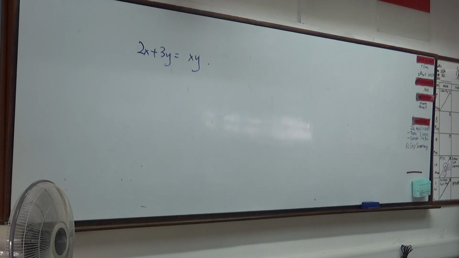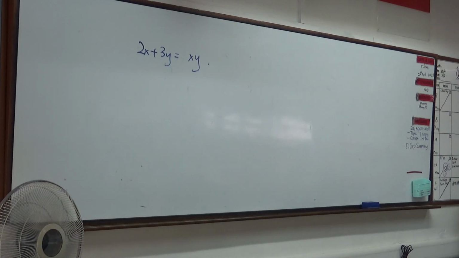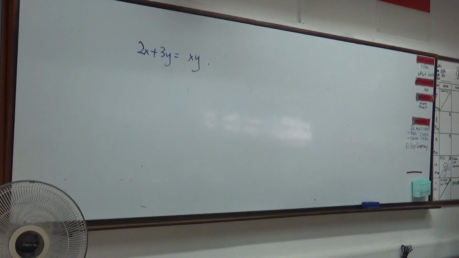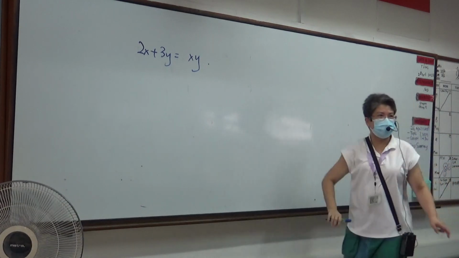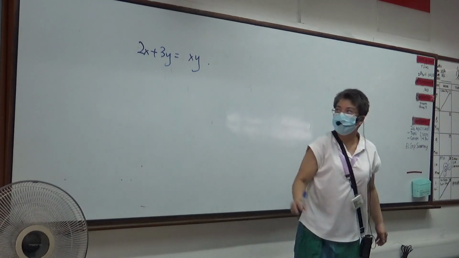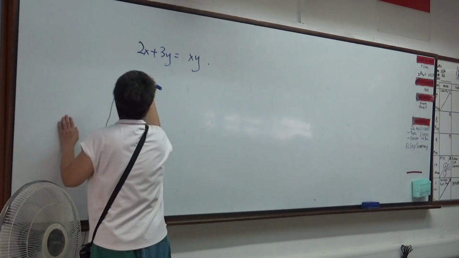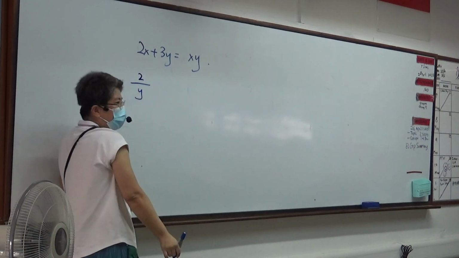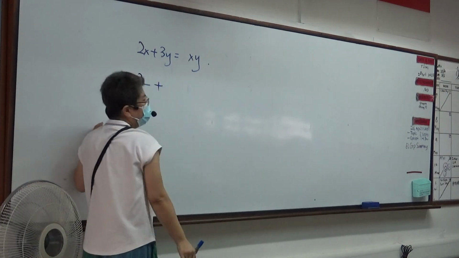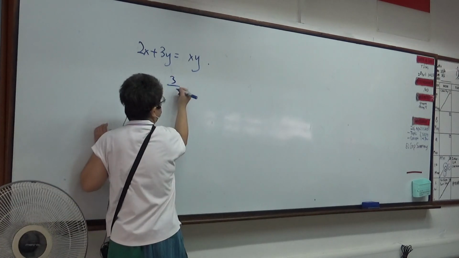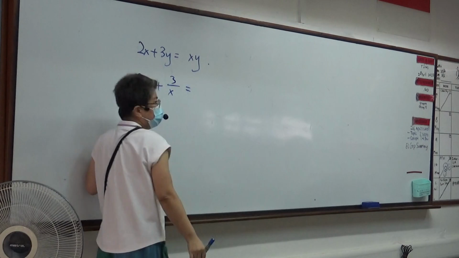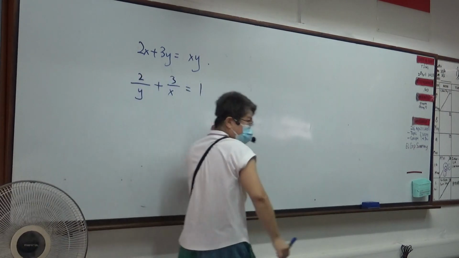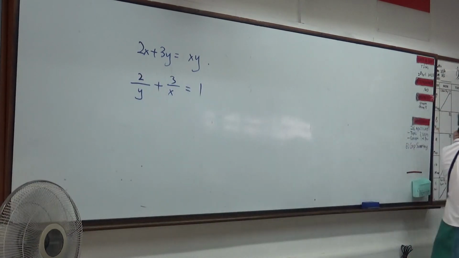Alright, I'm going to show you way number 1. Now, can you see that I can divide all by xy? If I divide by xy, what will I have? 2 over y, right? If I divide by xy, what will I have? 3 over x. If I divide by xy, what is this? 1, right? Is everyone okay here?